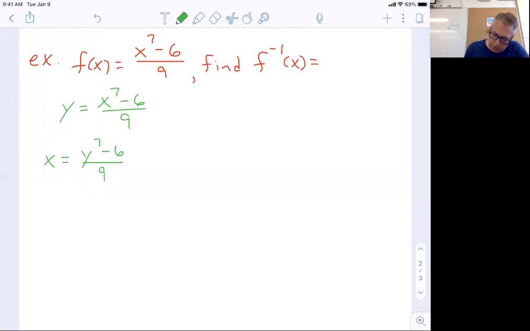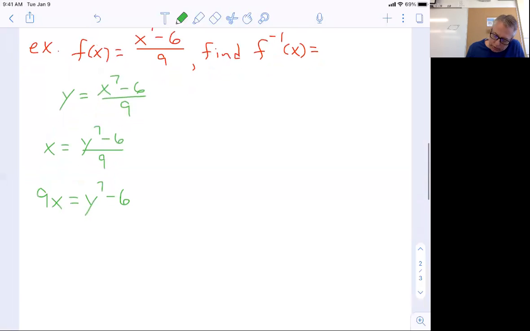So the first thing I'll do is multiply both sides by 9. So I get 9x equals y to the 7th minus 6. Then I got to move the 6 over. So I get 9x plus 6 is equal to y to the 7th.